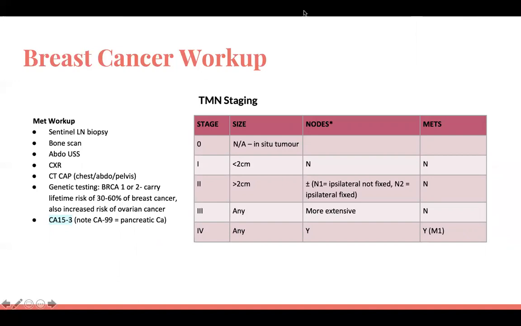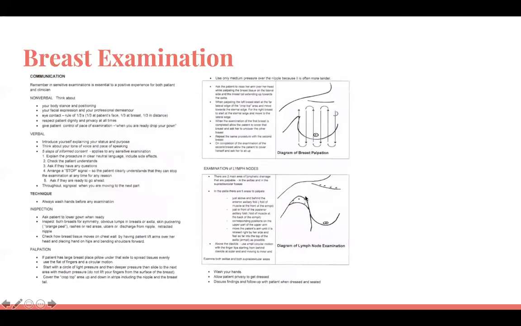In general, I'm not sure if you have to remember this, but anything that's stage 4 has metastasized. Stage 1 is more local. Stage 2 typically has affected a local node, and then stage 3 typically involves the nodes more extensively, but without metastasis. I've also put breast exam here. I'm not too sure if it will come up, but it's here for your reference.